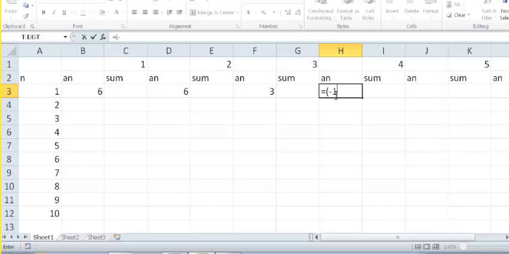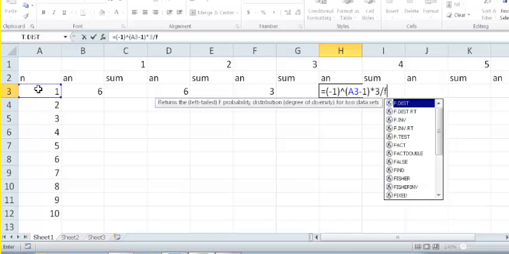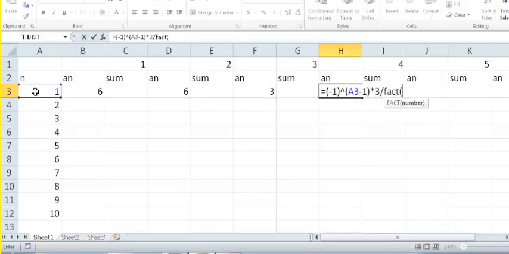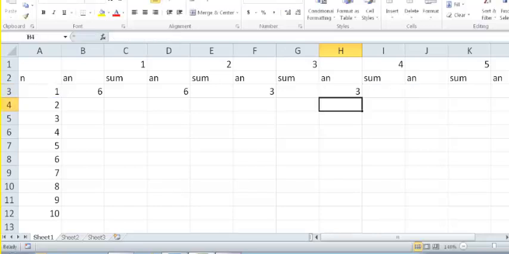So I have -1 raised to the n-1 power times 3 divided by factorial of n. You see they all start out at 3, I think. If you look at all the problems, you'll see, except for C, which starts out at 5, so that must be what happens with the next two. They actually start out at 5.